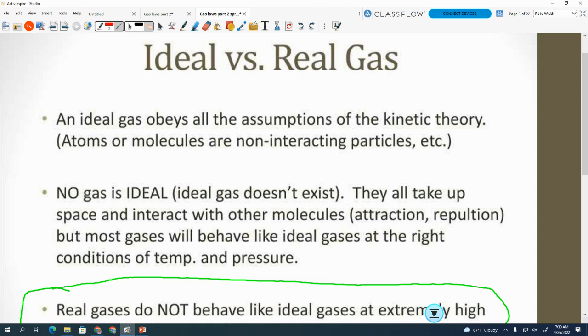I guess the big thing is all gases take up space and interact with molecules. Remember, we do have these interactions of intermolecular forces between molecules.